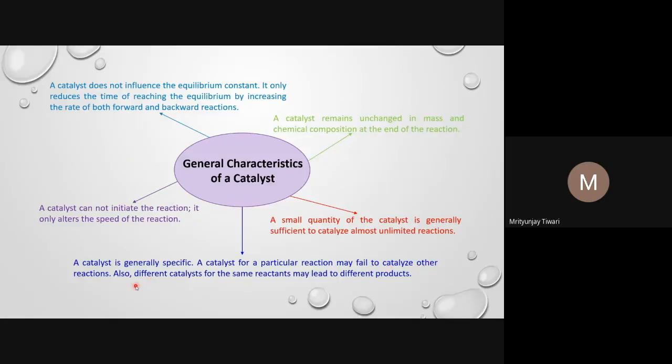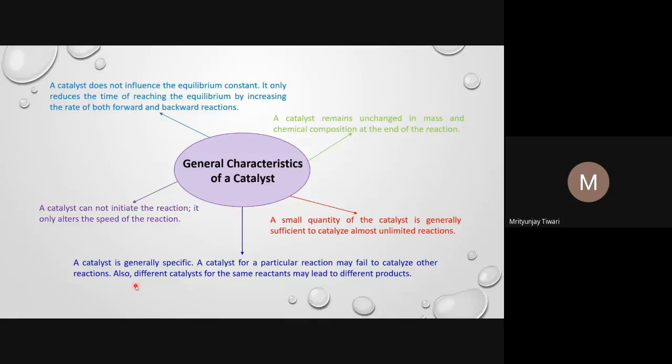Also, different catalysts for the same reactions may lead to different products. A particular reactant has the potential to form many different products in different directions. The formation of those products may be spontaneous as thermodynamics suggests, but those possibilities will not happen, because of the high energy barriers, unless you add a catalyst. So if you add different catalysts, the reaction will happen in different directions to different products.